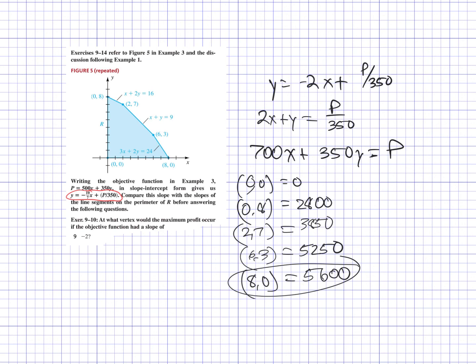And in the beginning of this, it says writing the objective function, which gives us this in slope-intercept form. Then compare the slope with the slopes of the line segments, the slopes of each of these lines. So if we put these in slope-intercept form, that'd be a negative x divided by 2, so a negative 1/2 is that slope.